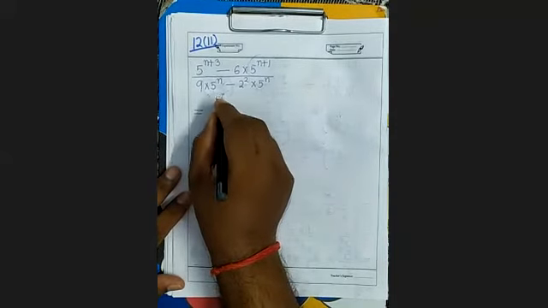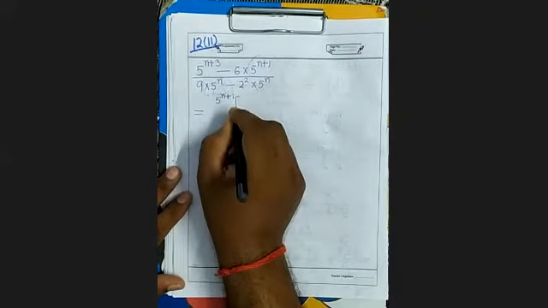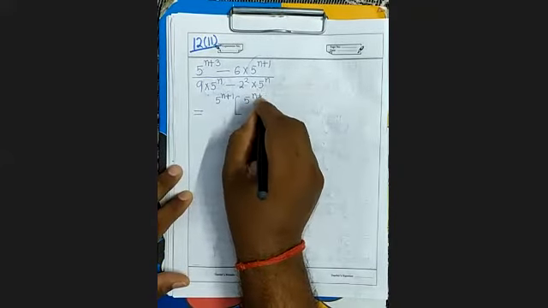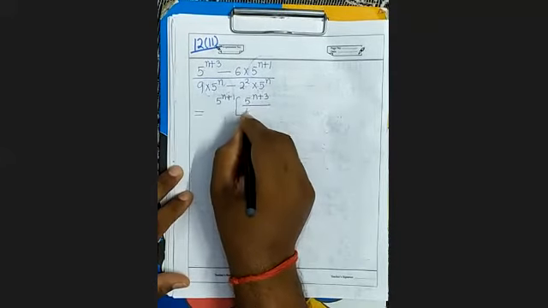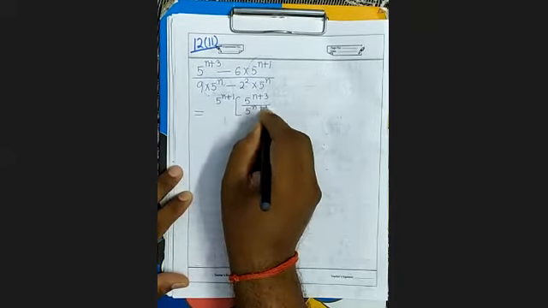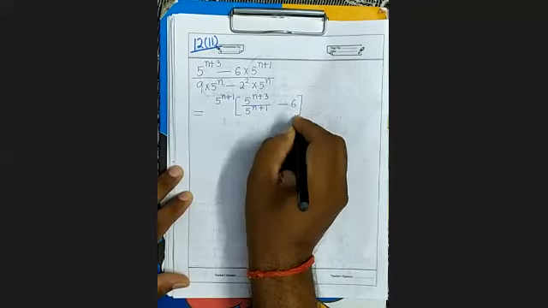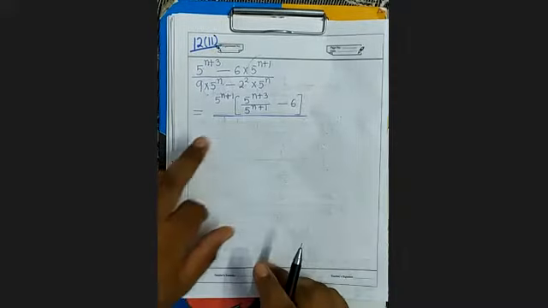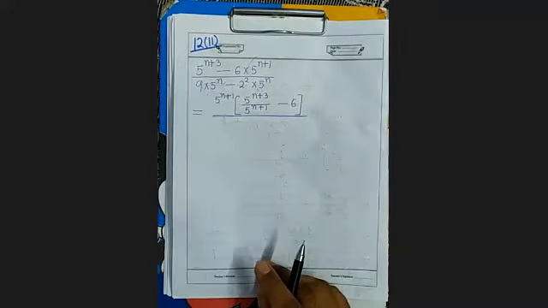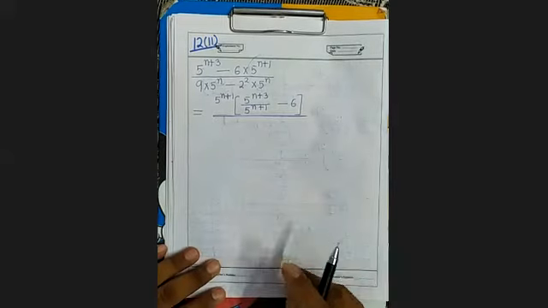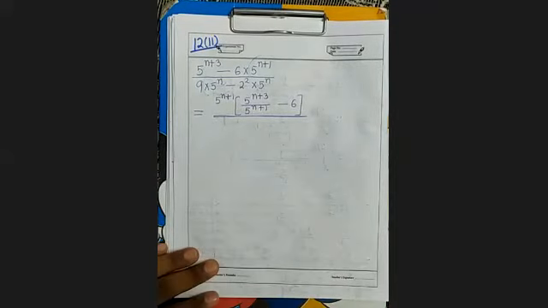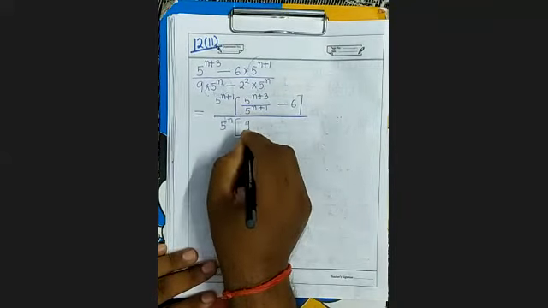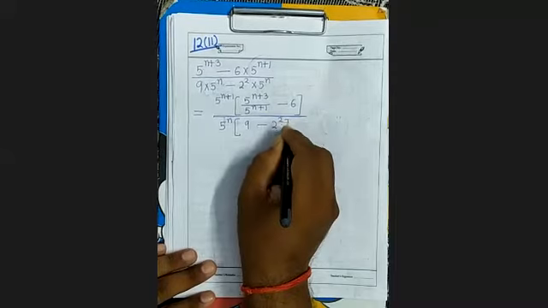When you will take out 5 to the power n plus 1 common in the numerator, what will you get here? 5 to the power n plus 3 divided by 5 to the power n plus 1 minus 6. Similarly, here you can take 5 to the power n common. You can see here 5 to the power n, it is present in both the terms. So it will be 9 minus 2 square.